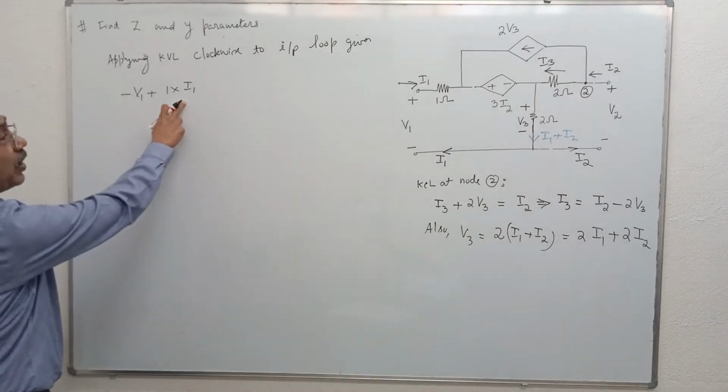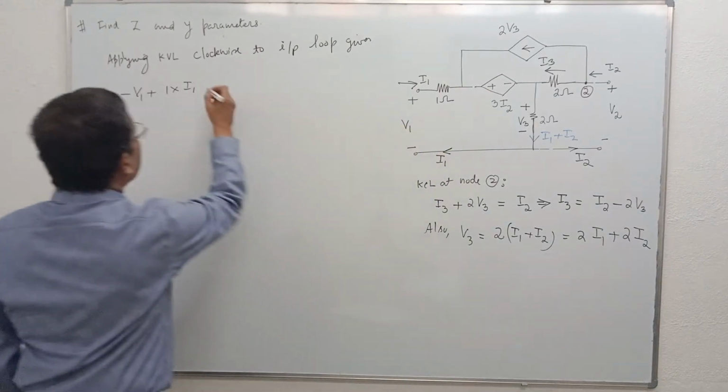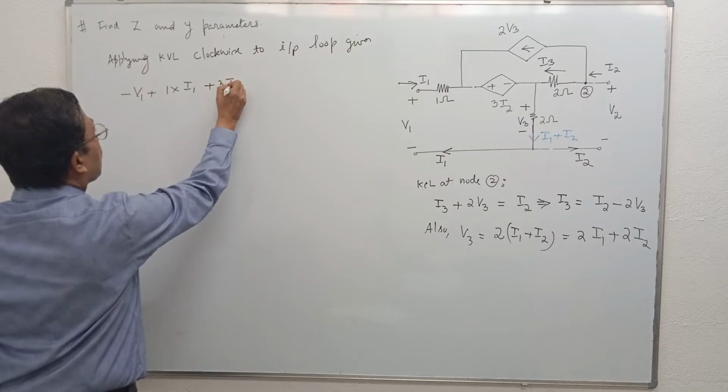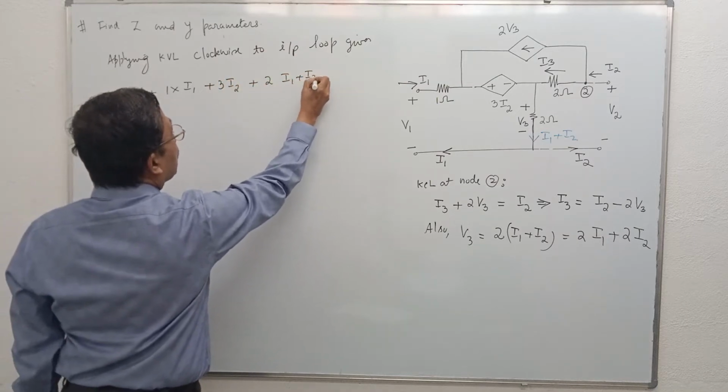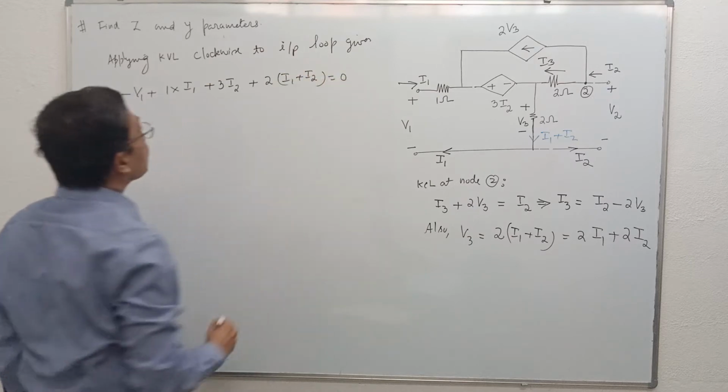Minus V1 plus I1 is the voltage drop plus 3I2 plus 2 into I1 plus I2 is equal to 0.